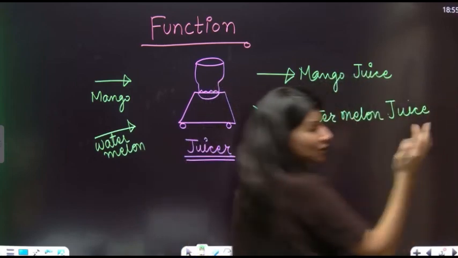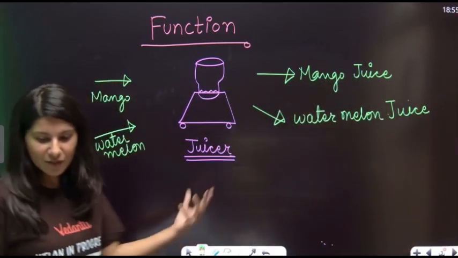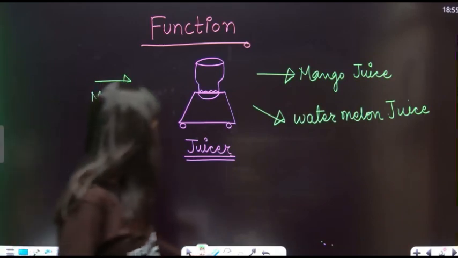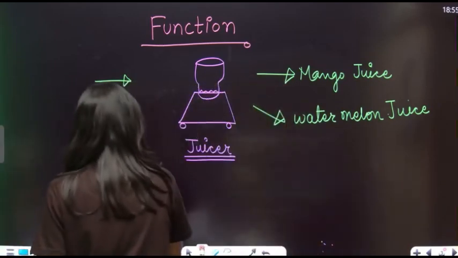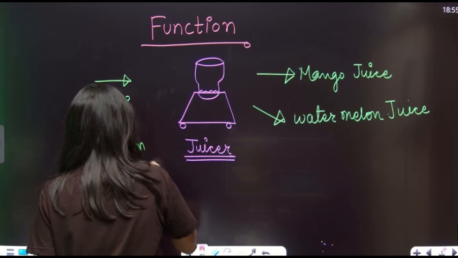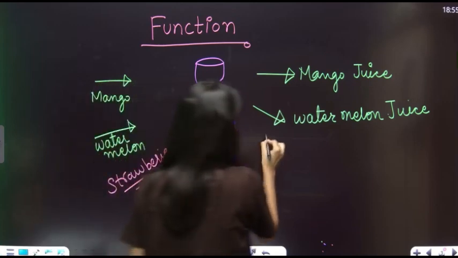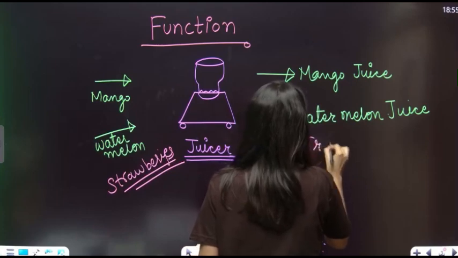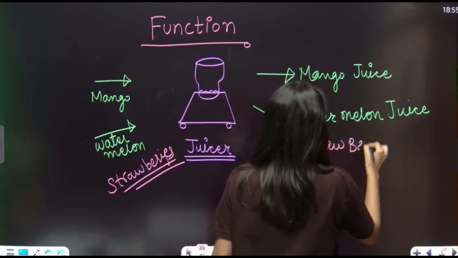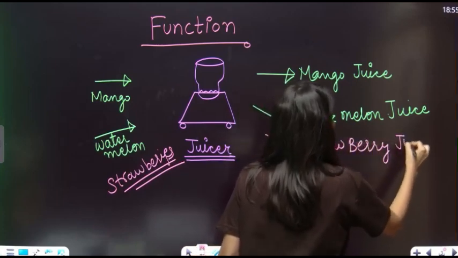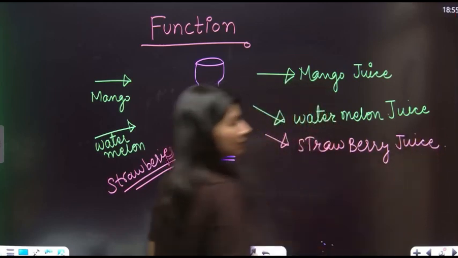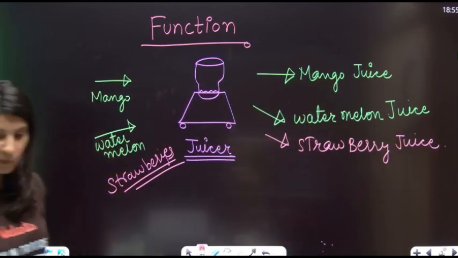What else? What is your favorite fruit? Strawberry? Anybody like strawberry? Strawberries, if I put inside this juicer, I am going to get strawberry juice. Are you getting my point? Okay.